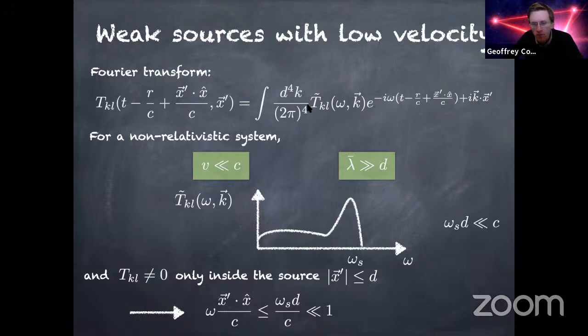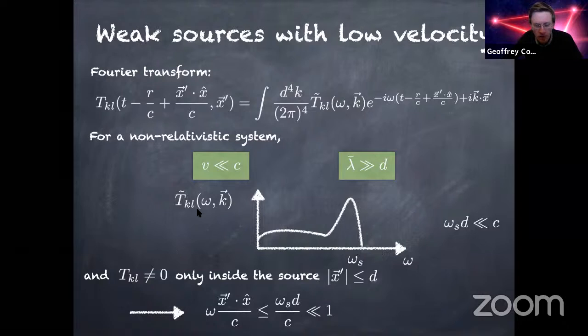Now, what does it mean to have low velocity in terms of these Fourier coefficients? In terms of the Fourier coefficients, there is a special typical source frequency. If I plot the amplitude of these coefficients in terms of omega, each coefficient will have a different function, but they're all cut off around omega s, because that's around the maximal frequency of the source.